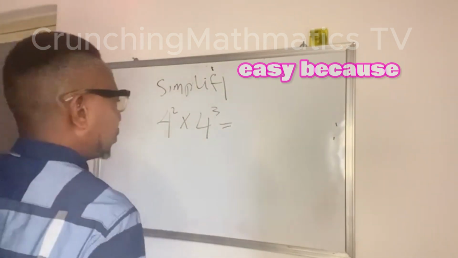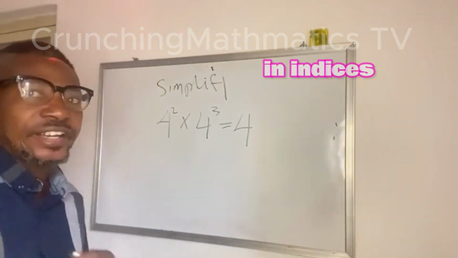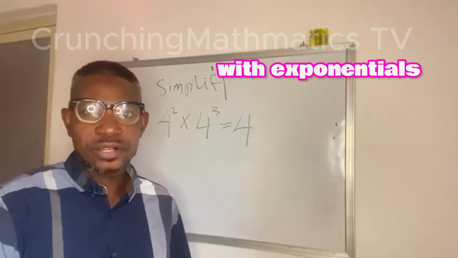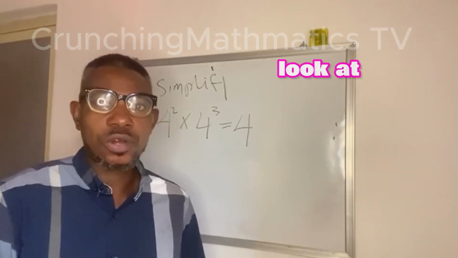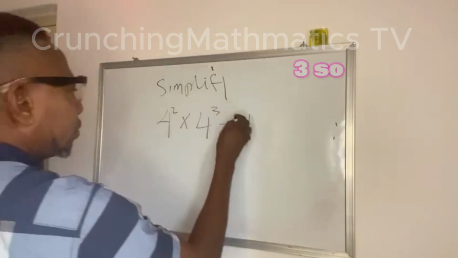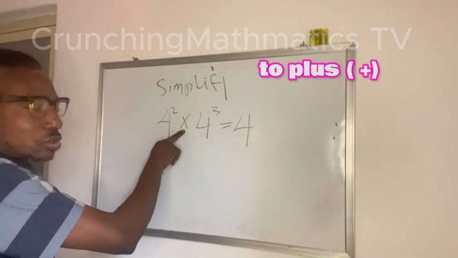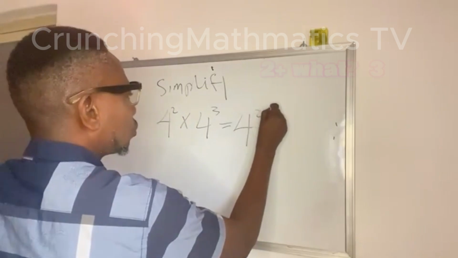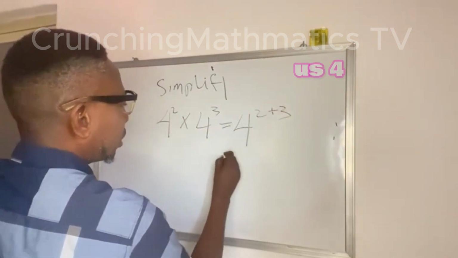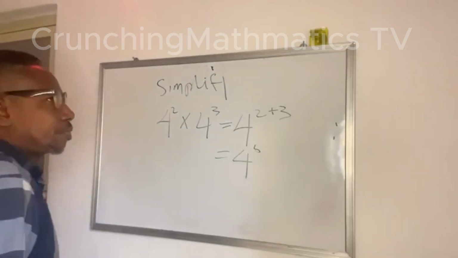This is so easy because we have a common base of 4, and in indices we work with the exponents. We have 2 and 3. According to the law of indices, this times changes to plus. So we have 2 plus 3, which gives us 4 raised to power 5. Simple as that.